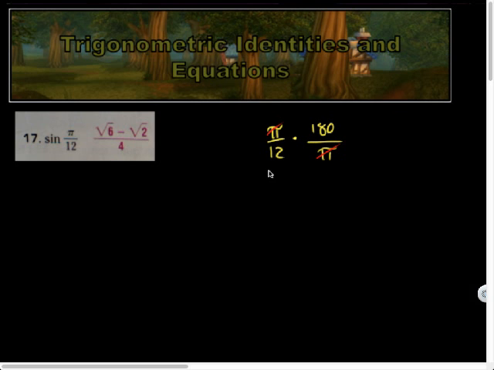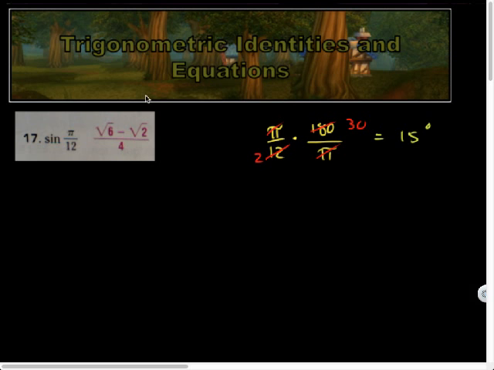And between both of those, does 12 just go into 180? Well, let's assume we don't know that, because I don't want to jump the gun. 6 goes into 12 twice, and 6 goes into 180 30 times, right? And 30 divided by 2, oh, I know that. That's the same as 15 degrees.